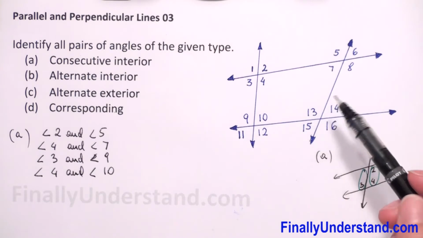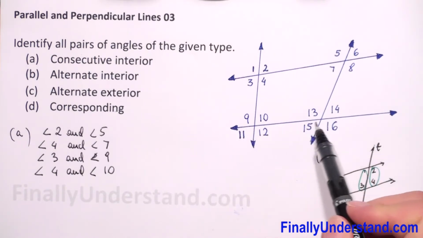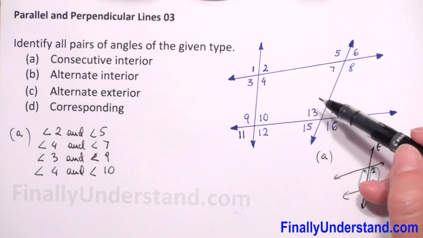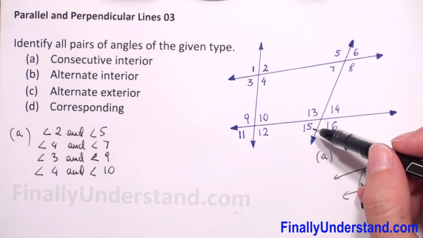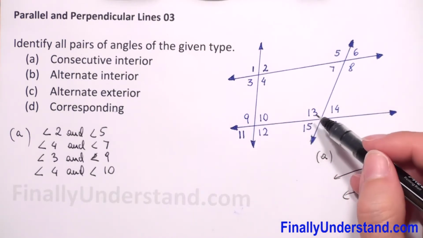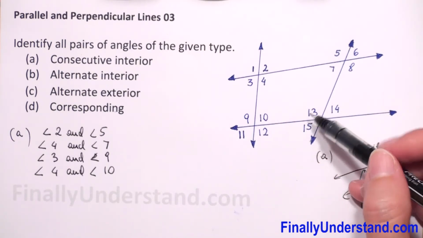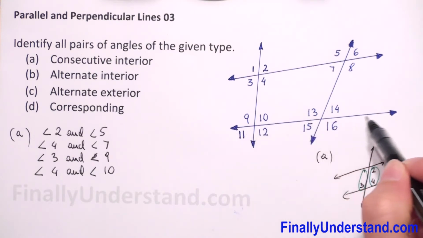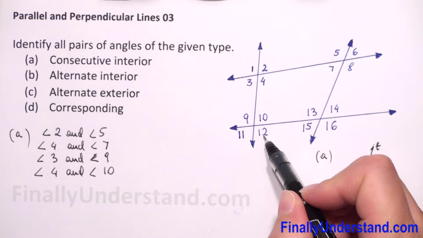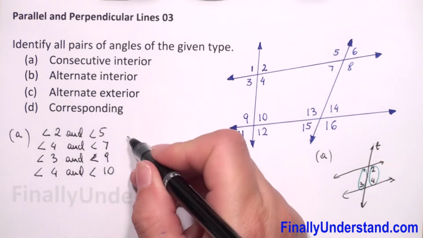Next, this is our transversal. So we have to find angles which lie between these two lines now and which are on the same side of our transversal. So it will be 10 and 13 and 12 and 15.